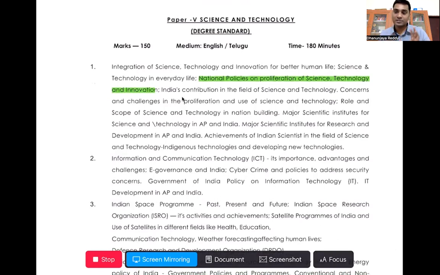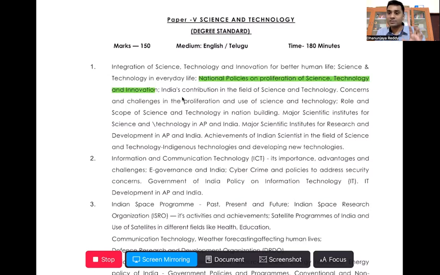You call it basics in the sense of what policies India has made for the promotion of science and technology, what the advantages of science and technology are for human life, what contributions Indians have made for the promotion of science and technology, and what policies the Andhra Pradesh government has taken for its development. So this I call basics, or development of science and technology. This also involves the major policies that the government has initiated right from independence. More or less you will find this in chapter 1 and chapter 9. That is the first thing.